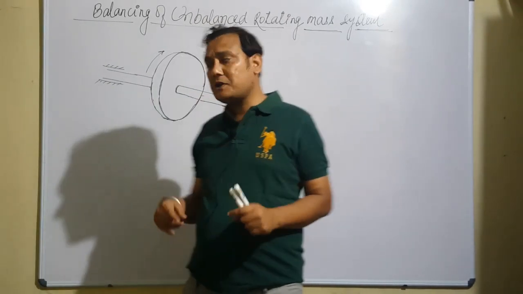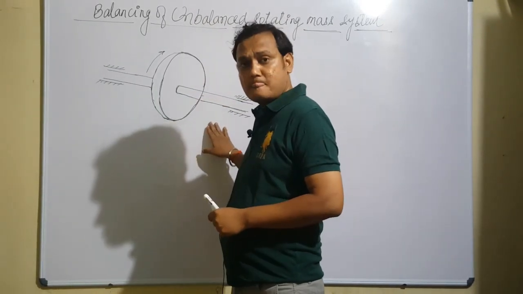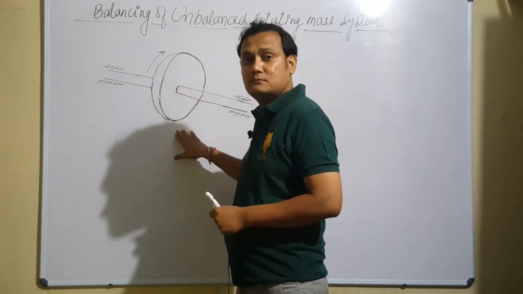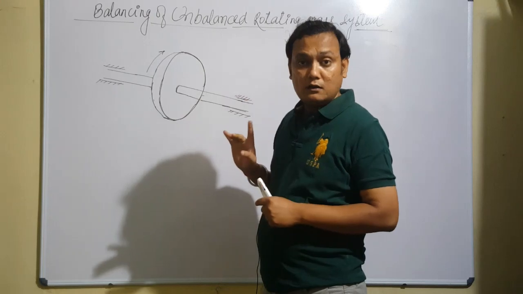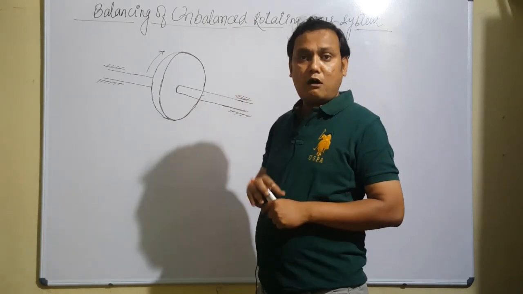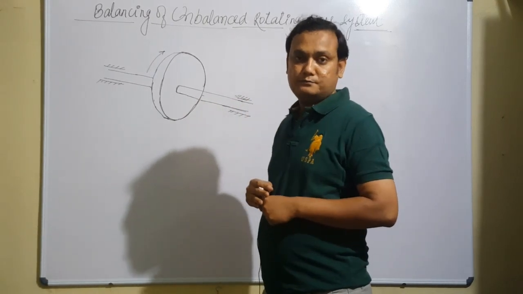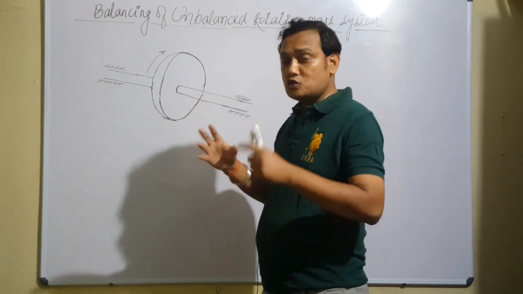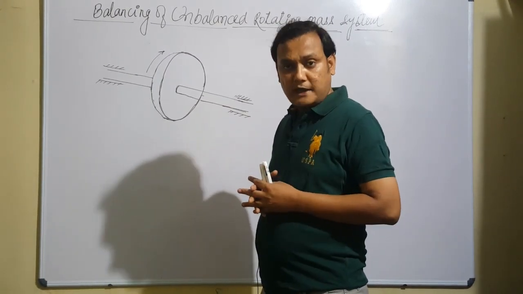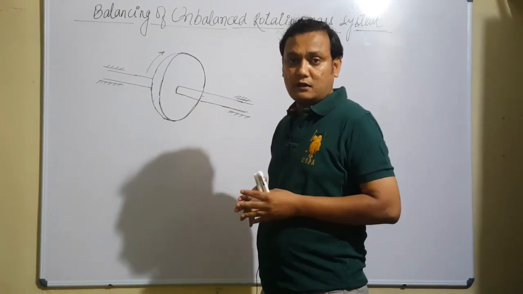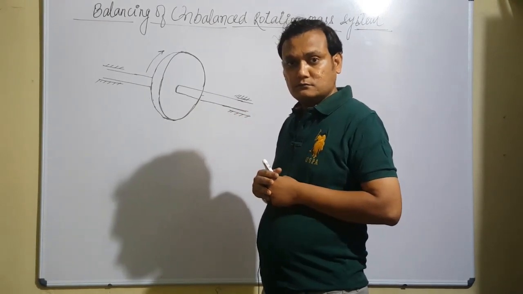So the reaction on the support because of the weight of the system will also be in a fixed direction, opposite to the weight direction. And this is what the supports are supposed to be designed for.